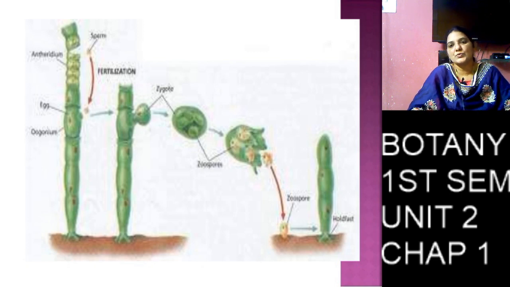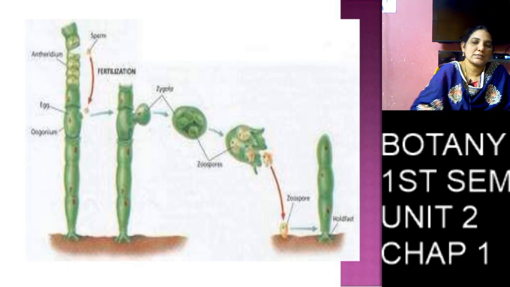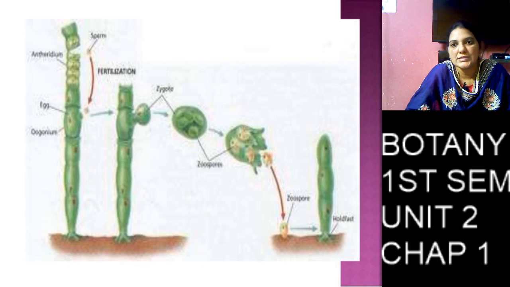The androspore has many flagella at its upper side. It is similar to the zoospore but small in size.